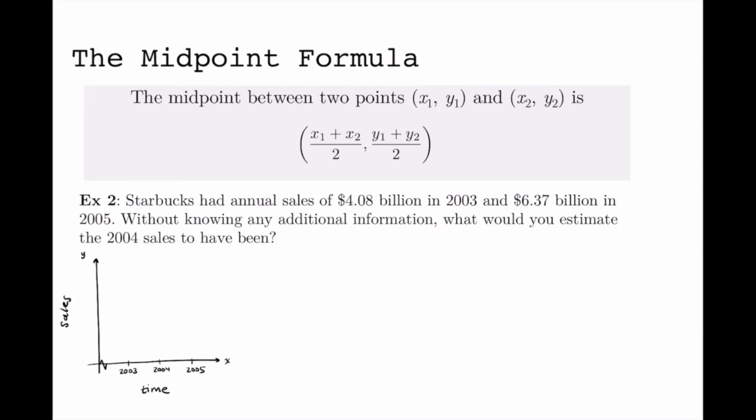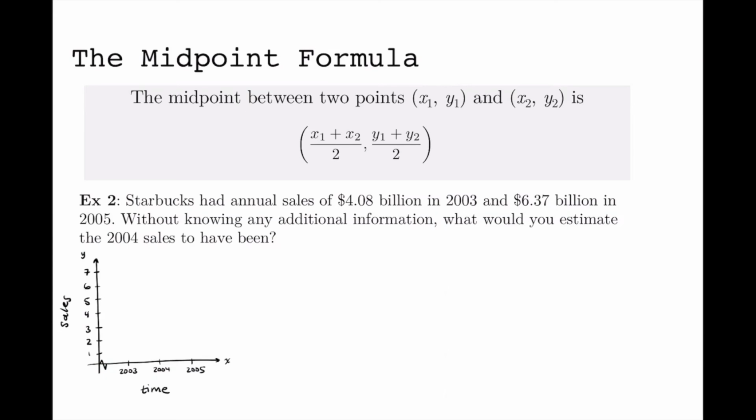And we know in 2003 we've got 4.08 billion, and then we go up to 6.37. So we can keep starting at 0 on our y scale, and let's just go up to maybe 7. So say this is in billions, and so maybe 3 might be around here. Then we've got 4, 5, 6, and then 1, 2.